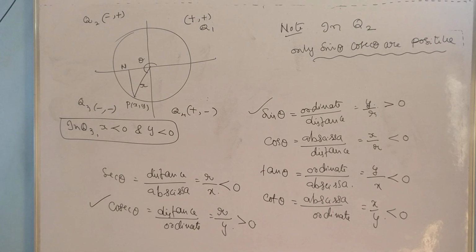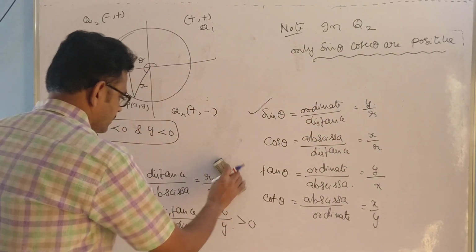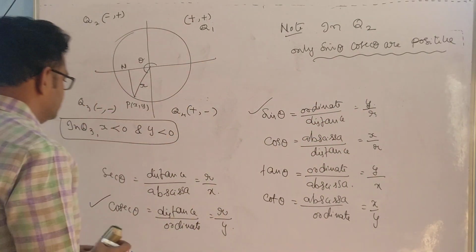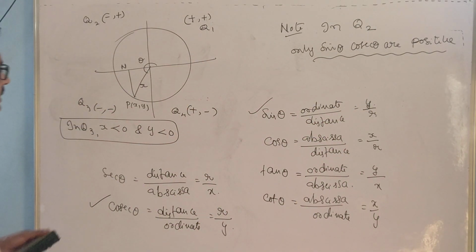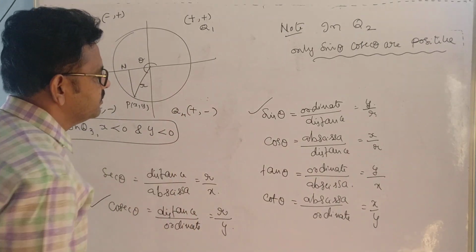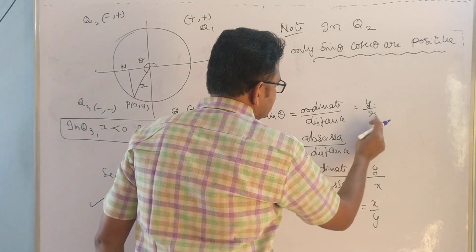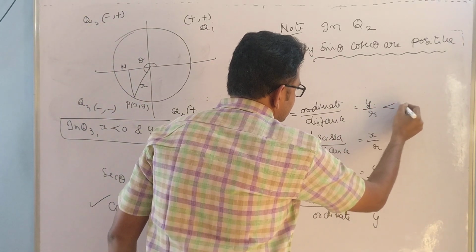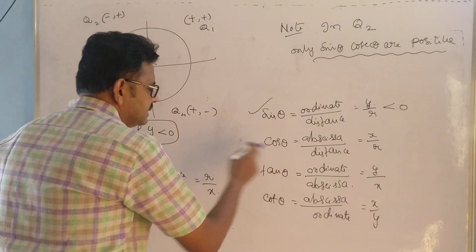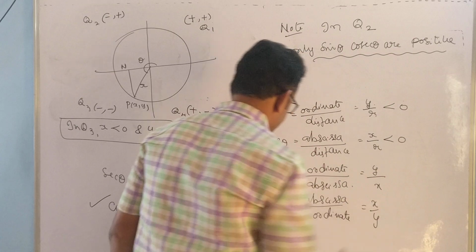Now again come to the same points. Sin theta: r is always positive, it is fixed. Sin theta is y by r, y is negative, r is positive, so less than 0. Cos theta, x negative, r positive, so less than 0.